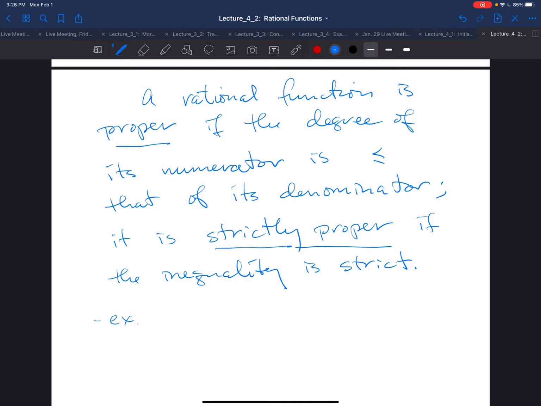So looking at our example again, we had s over s squared plus 2s plus 2. The degree of the numerator is certainly no greater than that of the denominator. In fact, it's strictly less than. So this function is not only proper, it is in fact strictly proper.